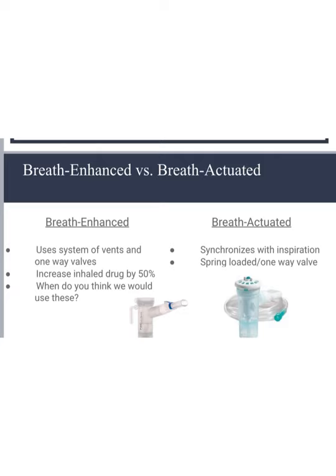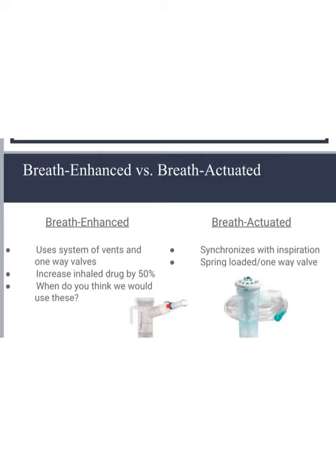Okay, so these were some of the different nebulizers I was talking about. So you have breath enhanced and breath actuated. They are different. So the breath enhanced uses vents and one-way valves. So the peri-neb, which is if you work at Children's Hospital or you work at St. Joe's, this is what they use for their CFers. So you have a vent here because when the patient is breathing in, this vent here will close and it won't allow medicine to escape.